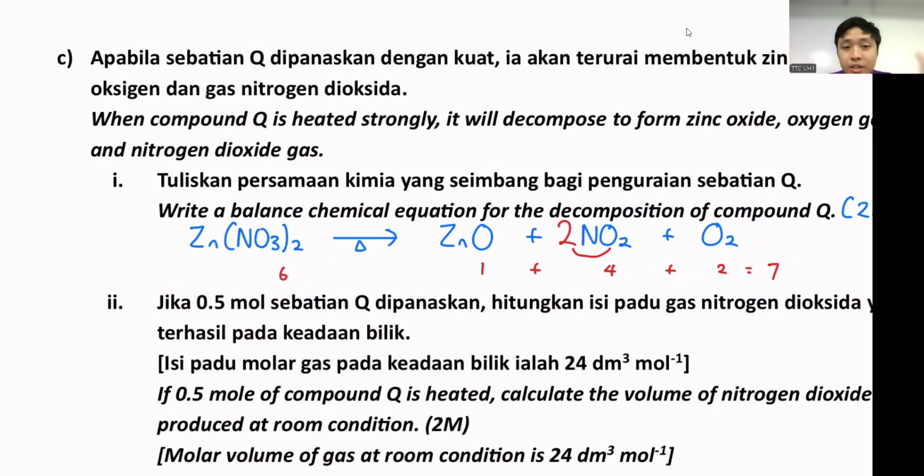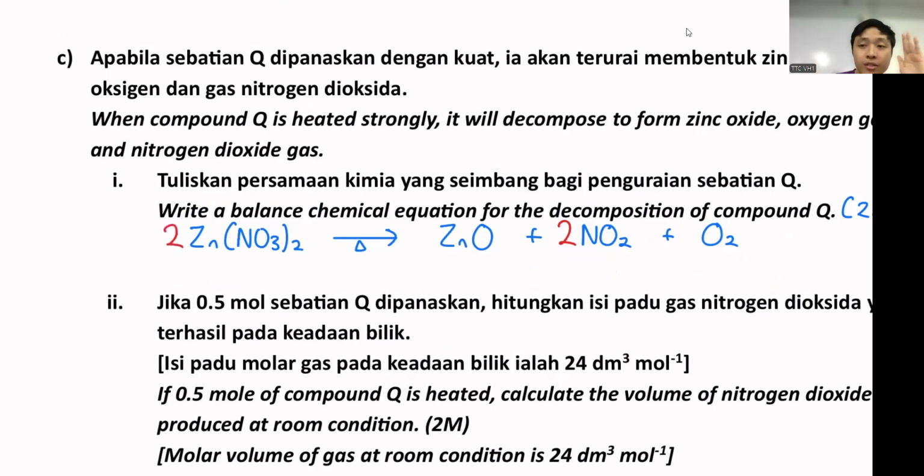If you see an even number and an odd number, what you can do is try and error, multiply the longest formula by 2. Which one is the longest? Zinc nitrate. So you can try and error. Zinc nitrate multiply by 2 in this case.